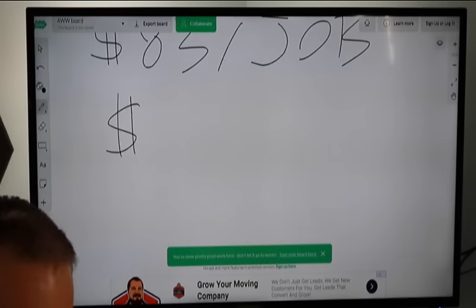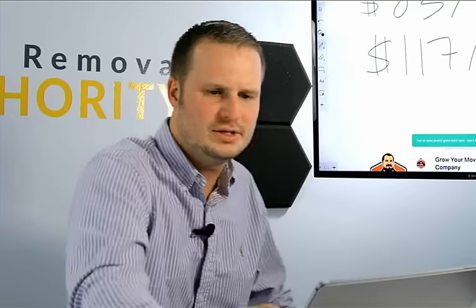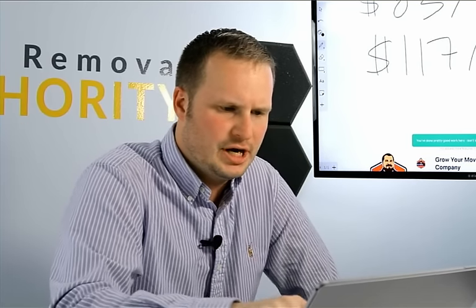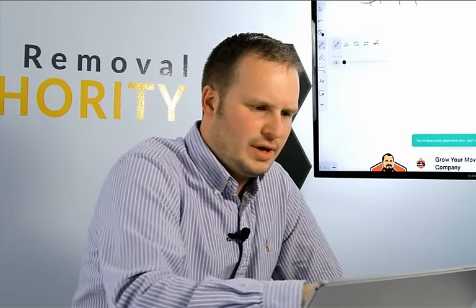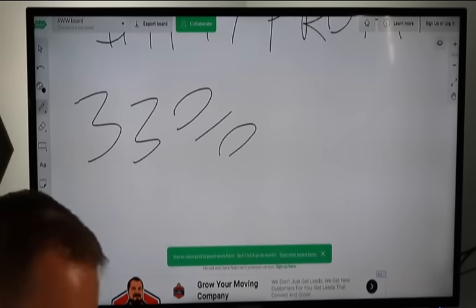And now, this is when it's fun. All business is numbers, guys. Y'all complicate business too much. All it is is numbers. So you've got $117 profit. Let's say you look at your search impression share on Google, and let's say $1,000 is only having you show 33% of the time.